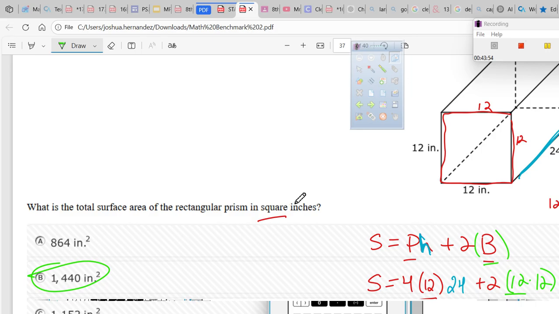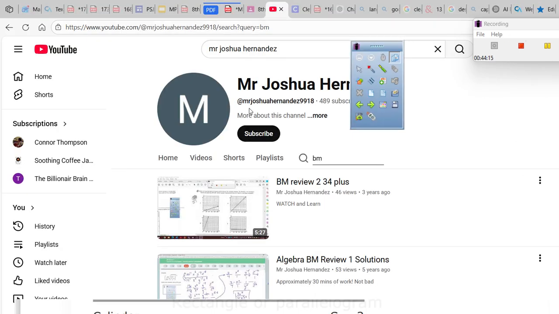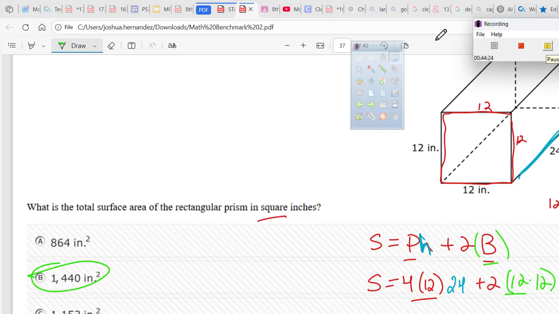Make sure you know what's going on here. Surface area is PH plus 2B.